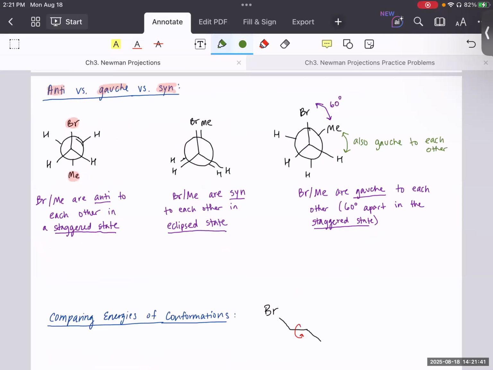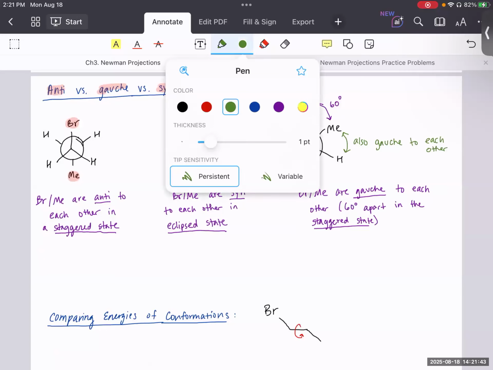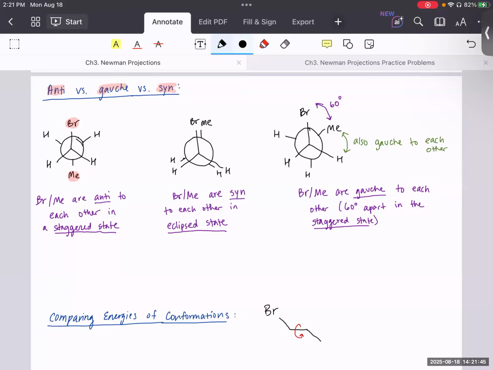All right. And so the anti conformer, when the two biggest groups are anti to each other, is the lowest energy conformer. The opposite is true for the syn.